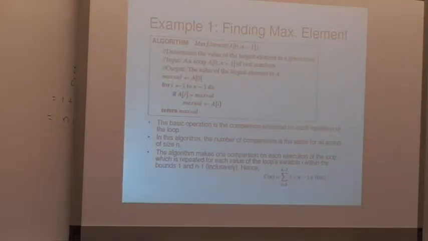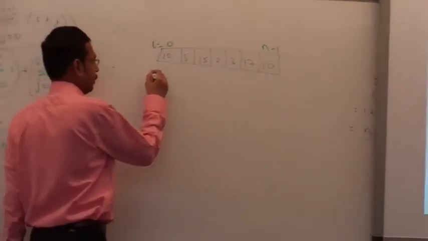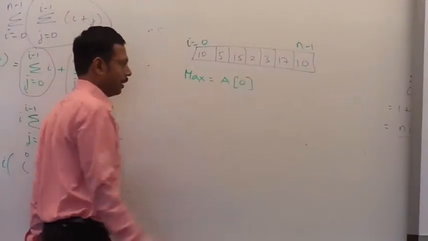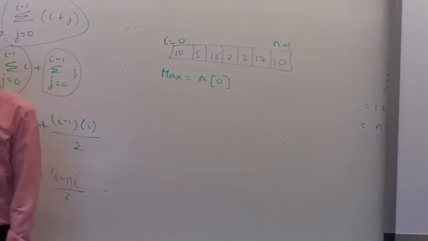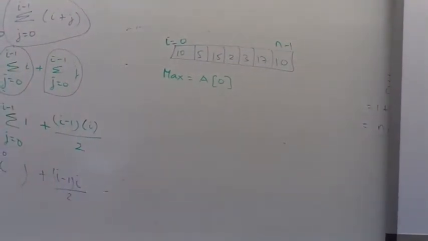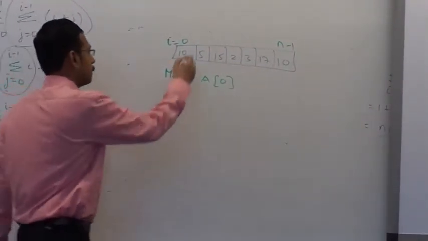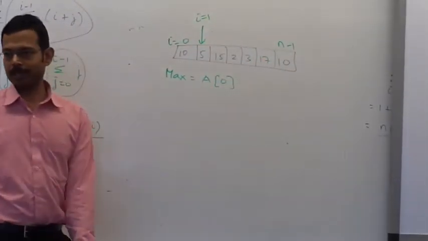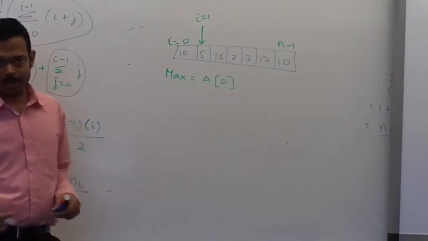So what should you do? Like we said, the array starts from index 0 to n minus 1. So set your temporary maximum, or current estimate of your maximum, to be the first element. We'll represent the array by the label A. You have to move from i equals 1 to n minus 1. You don't need to look at the first element again because you have set that to the current maximum.